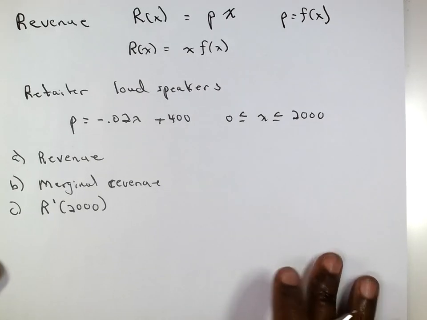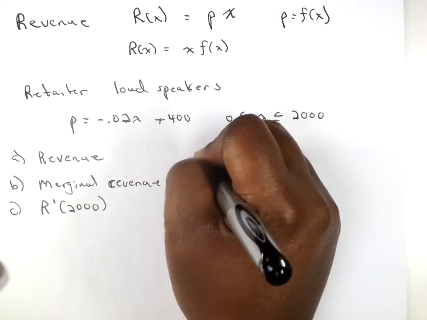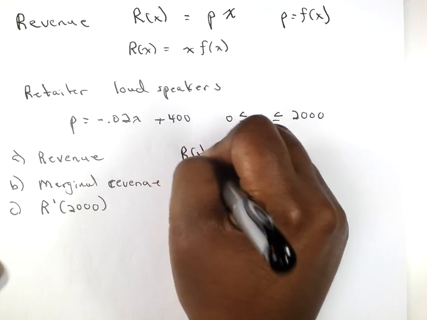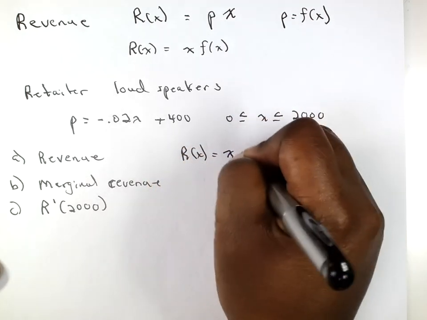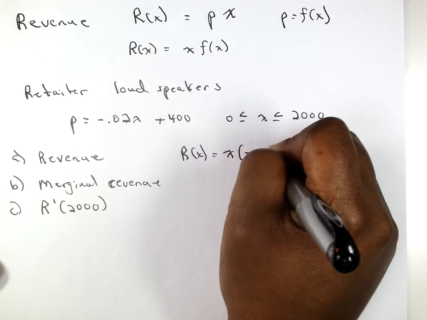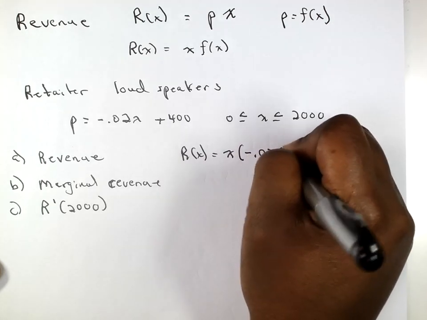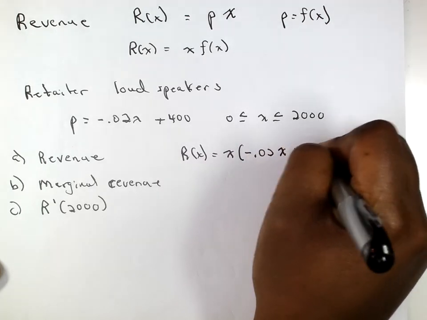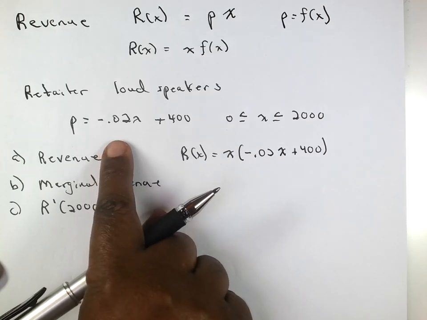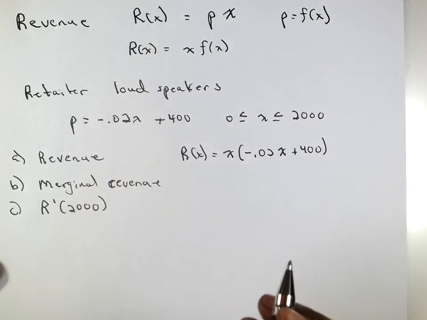Alright, so 2,000 units. So first of all, the revenue is going to be R of x. It's going to be x, the number of units, times the price. And that price function was given as negative 0.02x plus 400.